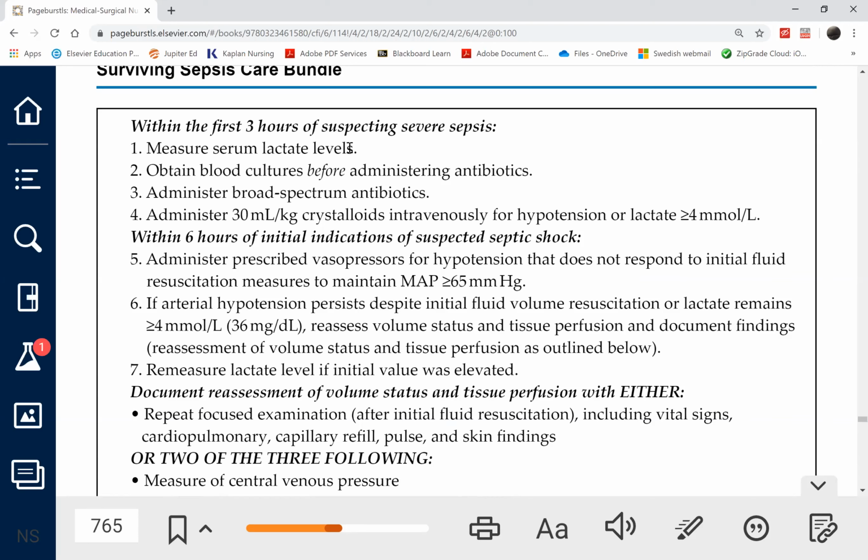This is the same blood test, so we draw blood for this before we start antibiotics. It's the same blood sample anyway, lactate just in a different tube, and then blood culture will be 2 tubes. Then you start your antibiotics, followed by IV fluids.